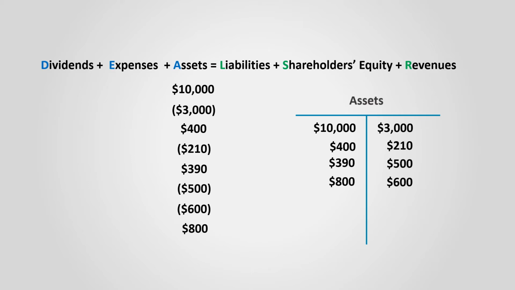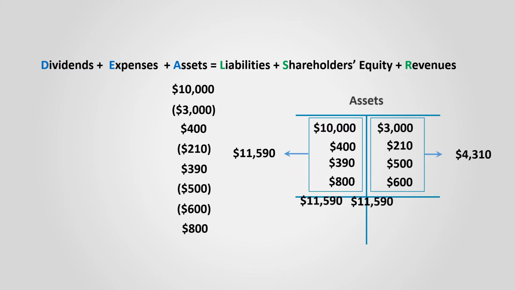So, for example, if we added the left-hand side, which is debit, and added the right-hand side, which is credit, we will find that the debit side is usually greater than the credit side for all of the accounts under the DEA category. In this case, we will put the greater figure on both sides, then we will subtract the smaller, which is the right side, which totals to 4,310, from 11,590 to get the balance of 7,280.